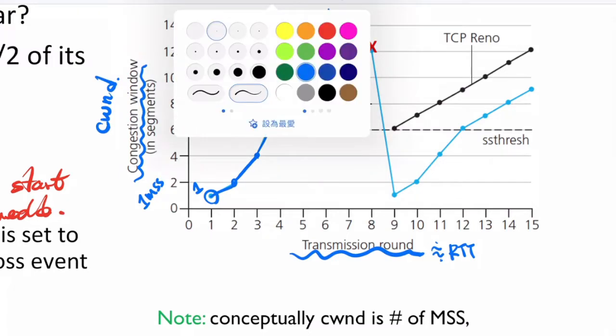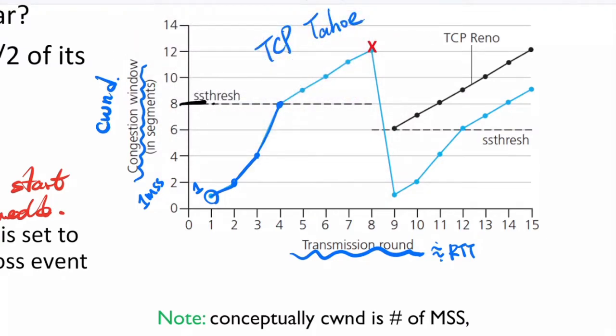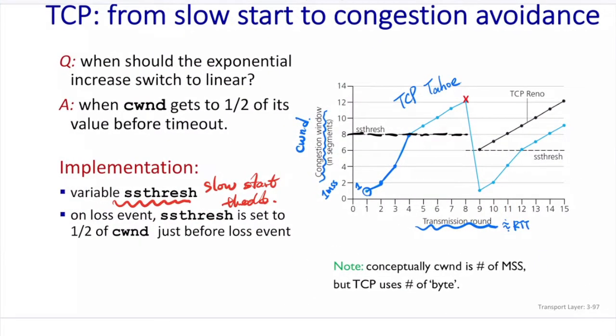And here we introduce another concept. It is called the SS threshold, which is right here, the slow start threshold.